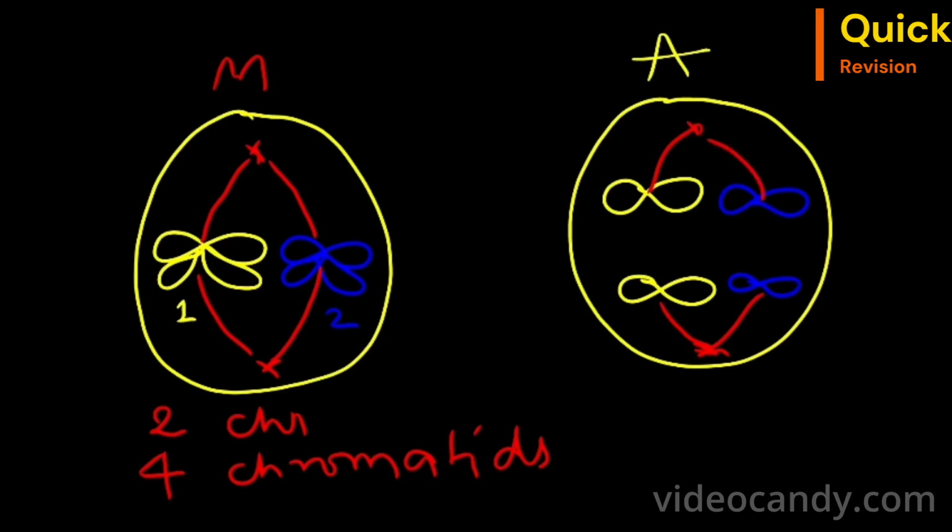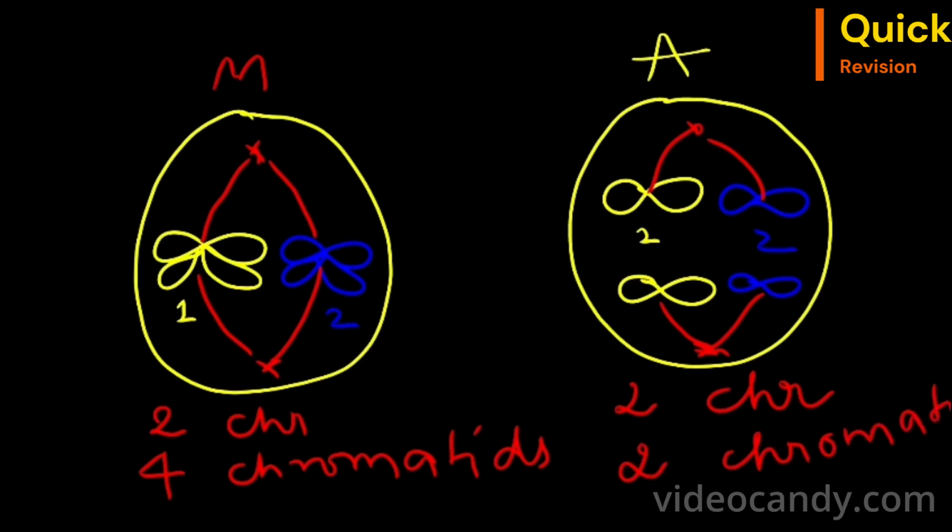Now you can see this is chromosome 1 and this is chromosome 2, right? Now you can tell here in anaphase also it has 2 chromosomes, but how many chromatids does it have? It has only 2 chromatids, right?